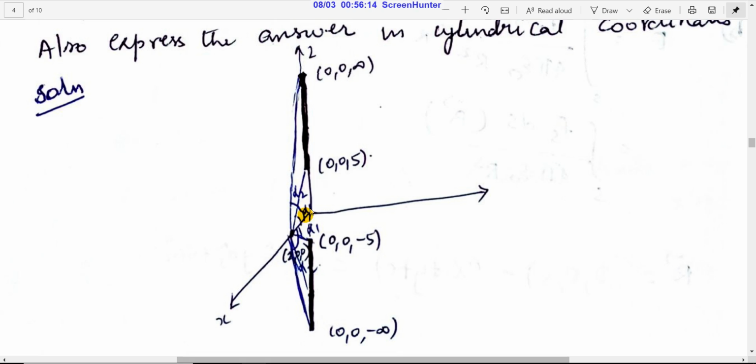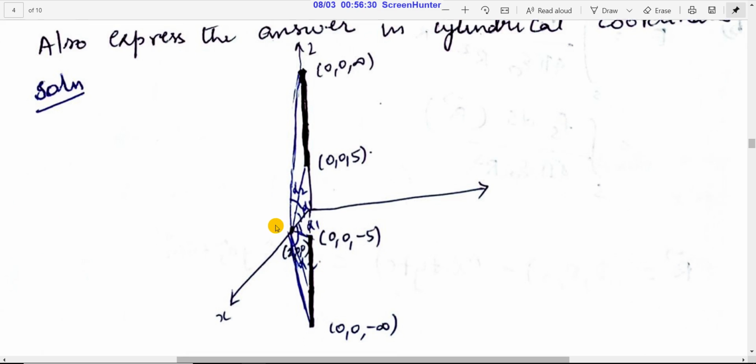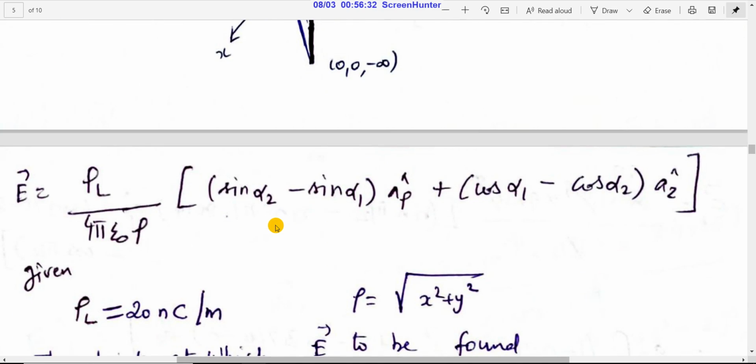So if one set of angles is positive, then these angles are going to be negative. Keep these two things in mind. If this is clear, then we can go to the problem.